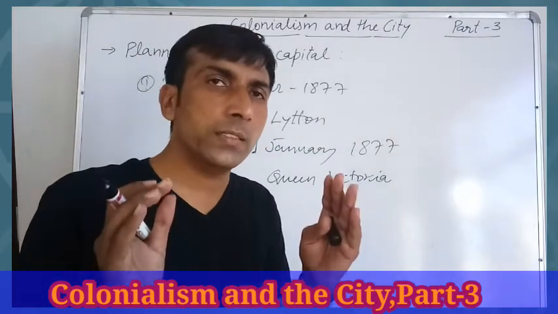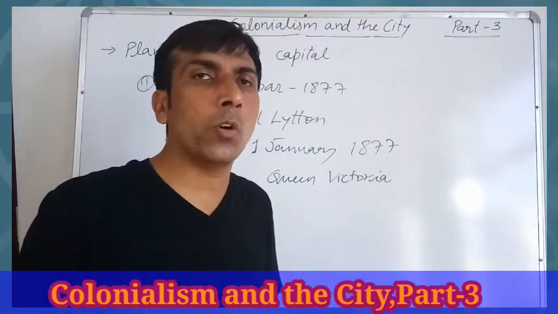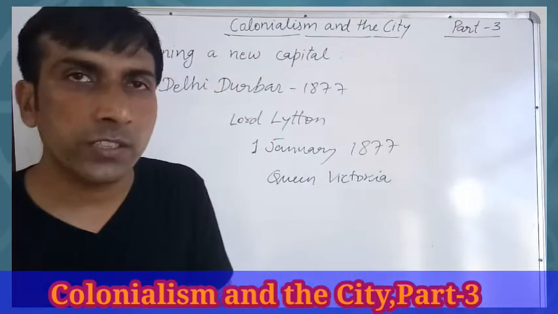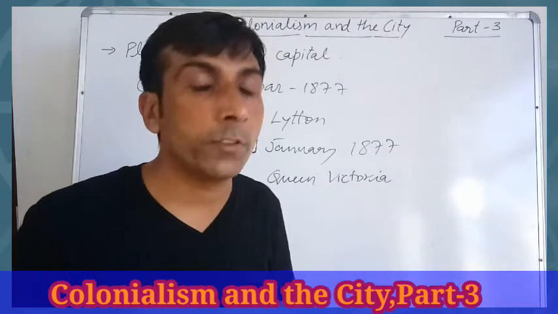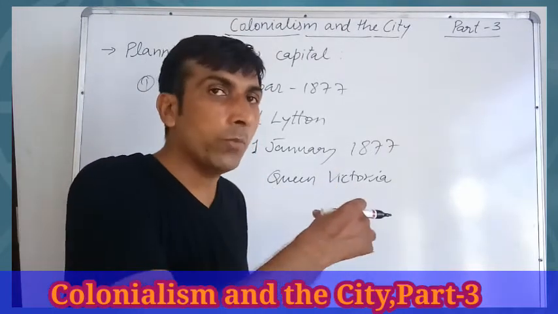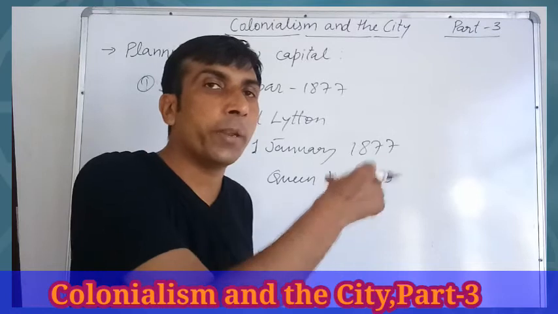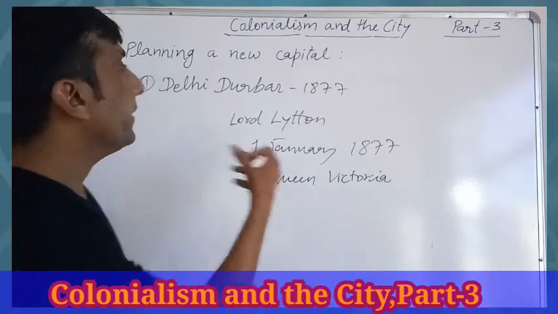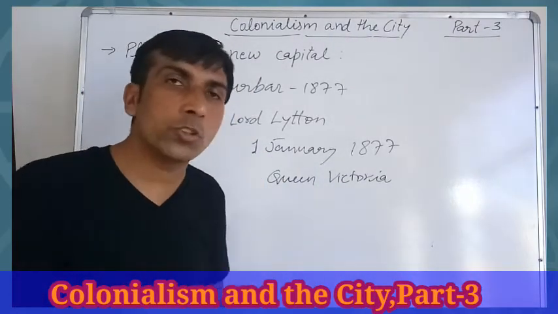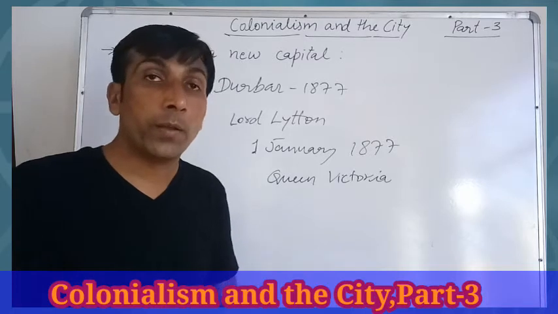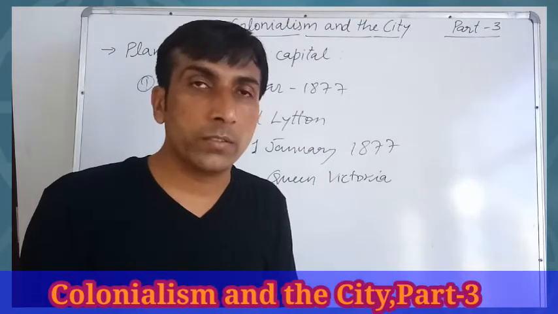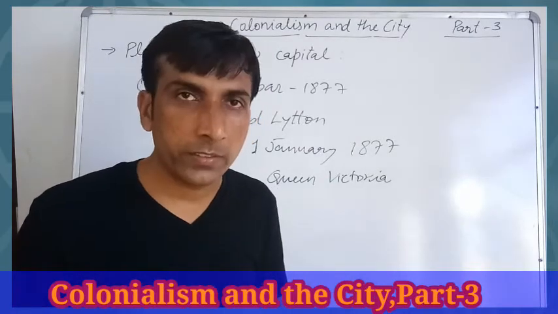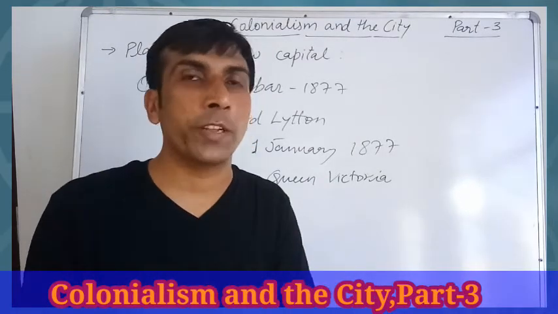You know that all kinds of celebrations and events were organized in the capital city of the British. But this time, why was this proclamation or big event convened in Delhi, and why was the Delhi Darbar organized in 1877? Because the British knew the importance of Delhi.